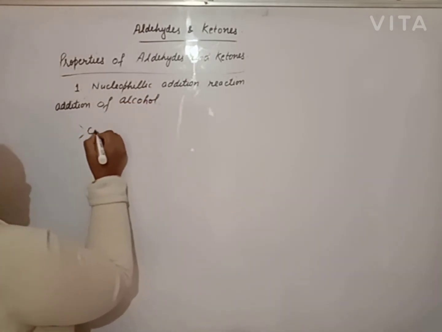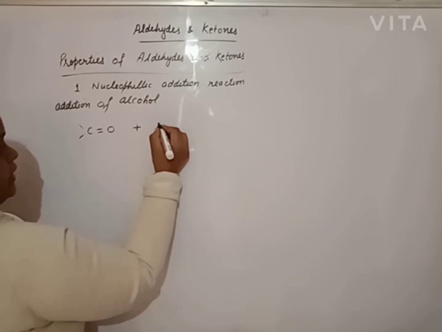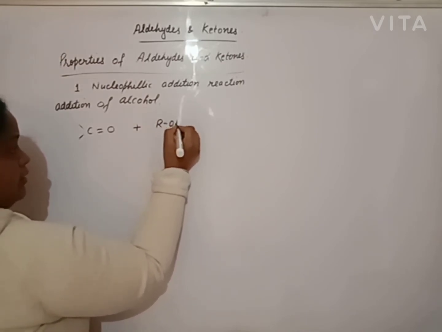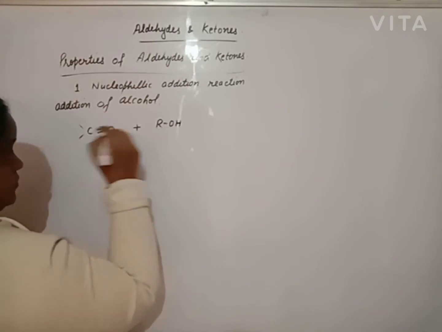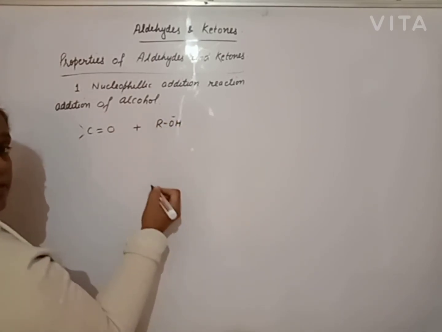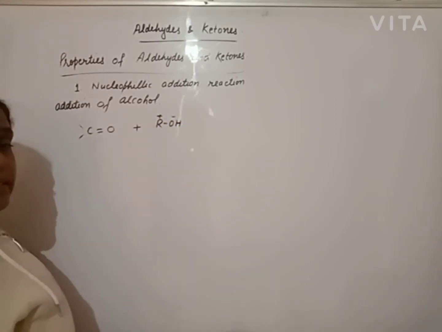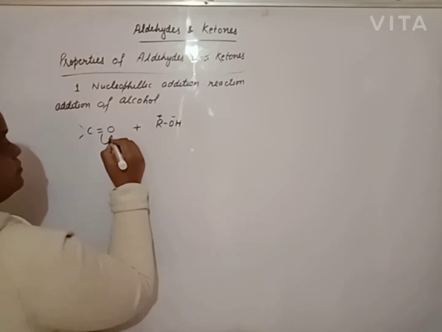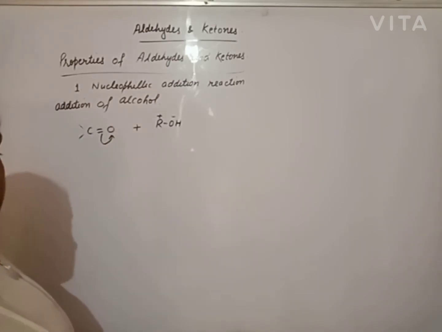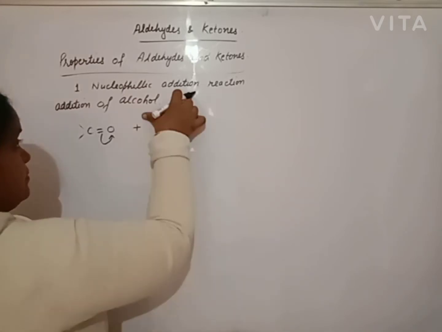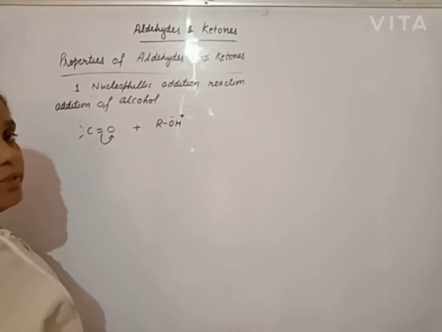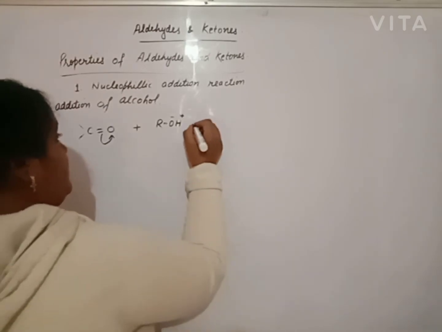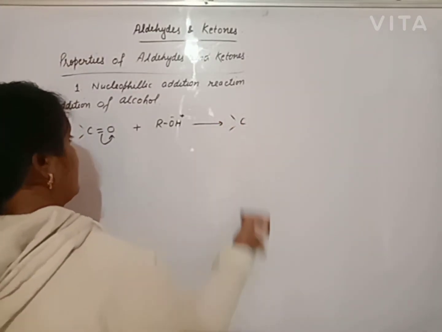When a carbonyl carbon comes in contact with alcohol, what will happen? Oxygen is negatively charged, carbon is positively charged. The O-H bond dissociation takes place.